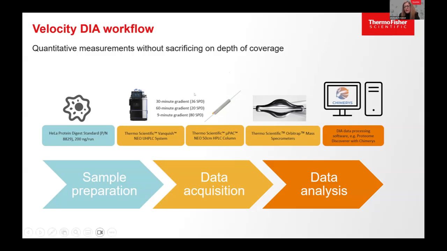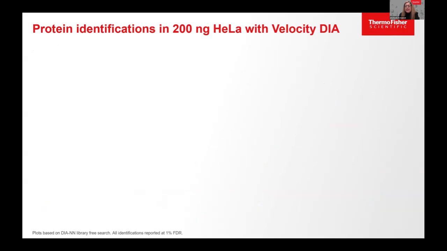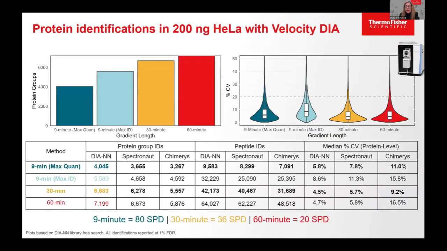All of them use the 50 centimeter UPAC column at a 350 nanoliter per minute flow rate, with data analyzed on the same data analysis software, Chimerys, which my colleague will talk to you about a little bit more. This data is actually with the Exploris 480.